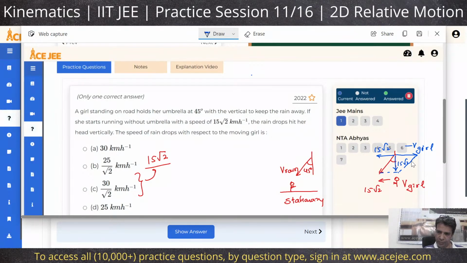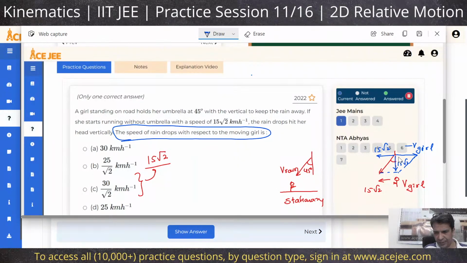Did I do that wrong? No, sir. No, I'm getting it as 30, Ruchika. Sir, with respect to what, sir? Oh, with respect to the moving gun, I see. Then it's 15 root 2, of course. The speed of the raindrops with respect to the moving gun.